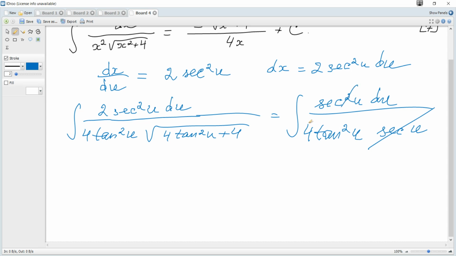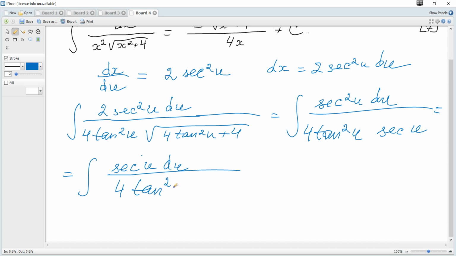And it becomes just 1 secant in the numerator. Let's rewrite. So it becomes secant of u du divided by 4 tangent squared of u.